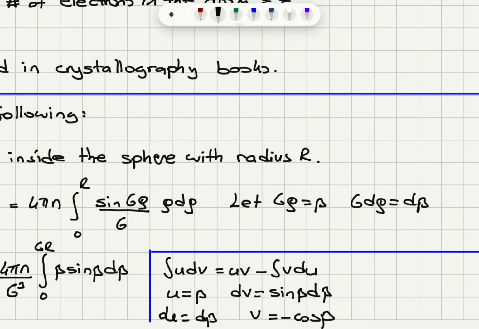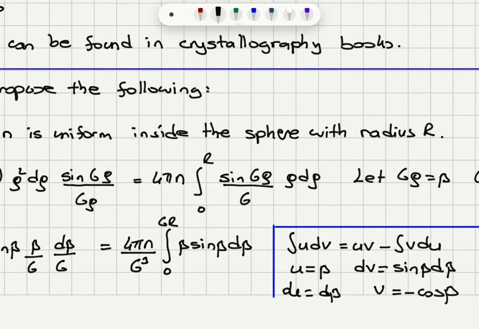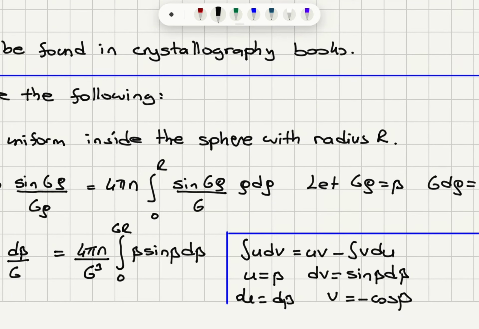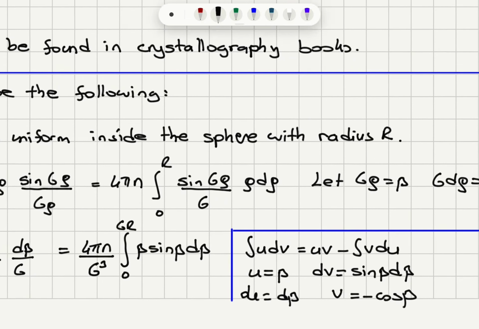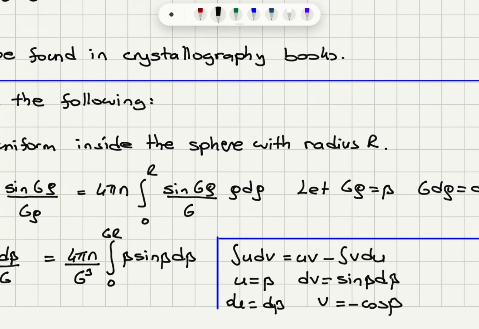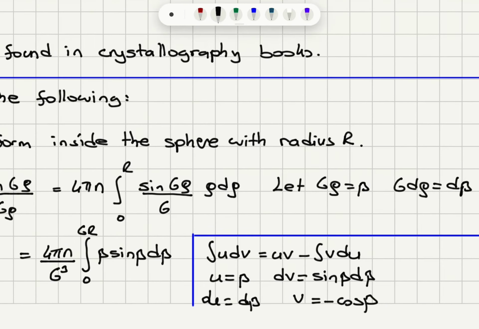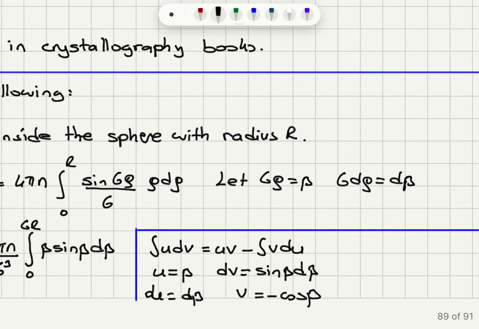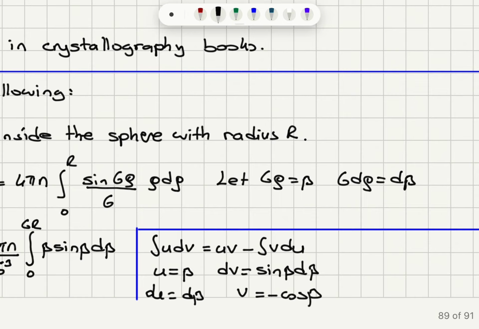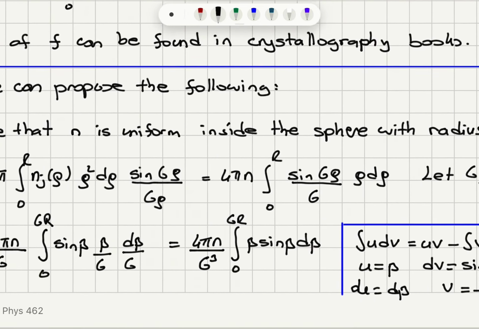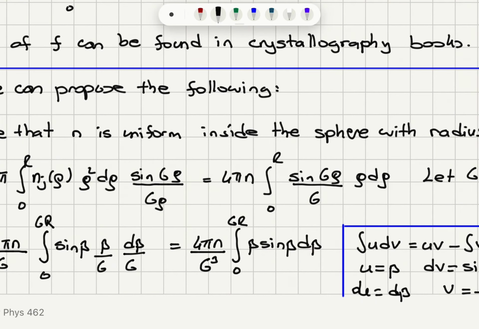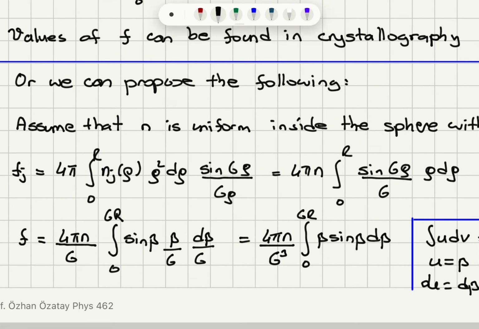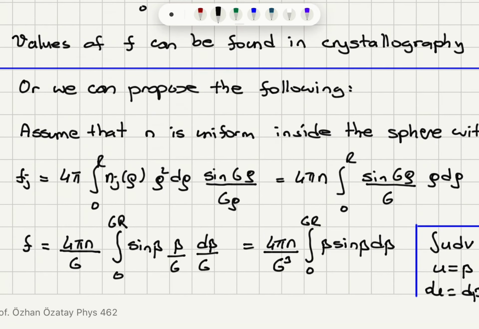I'm going to call g rho beta, so g d rho becomes d beta. If I substitute that here, this would become sine beta, and then I would have for rho, beta divided by g, and for d rho I would substitute d beta over g, and then I had already a g here in the denominator. So 4 pi n over g, that's the g I had initially.